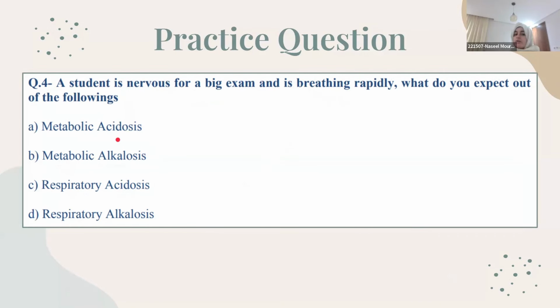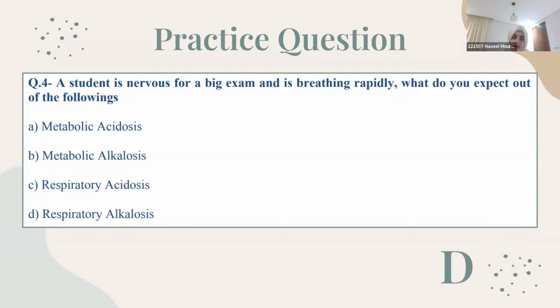Next question. A student is nervous for a big exam. She's having, let's say, a panic attack and she's hyperventilating. What do you expect to happen? Which acid-base disorder do you expect her to have? Okay, I'm getting D as an answer. Respiratory alkalosis. Excellent. That is D. Why is that?